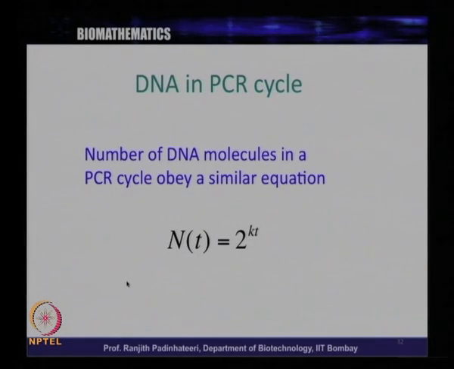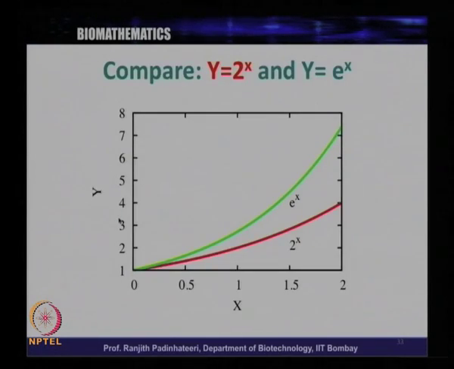Now, let us have a look at another function. Let us look at how this 2 power x compares to e power x. How does it look? So, e power x and 2 power x look like this. This red curve here is 2 power x and the green curve is e power x. So, this is another example of a biologically relevant function. 2 power x is relevant in biology, and we will learn about this in great detail.